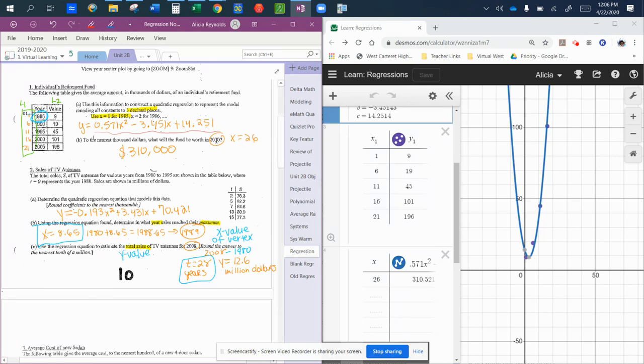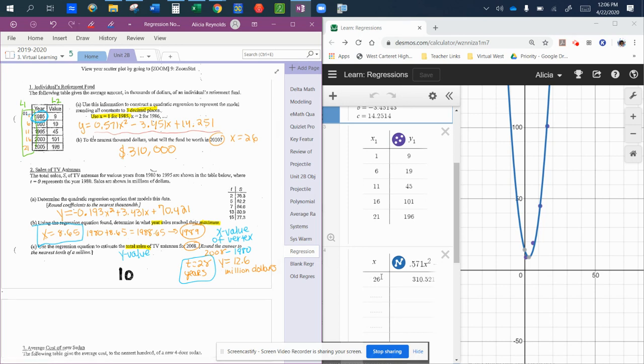And I knew that 2010 was going to equal 26 because if 1985 is 1, then that makes 1996 and then 11, so on and so forth. So then I add all the way up to 2010 to get 26.